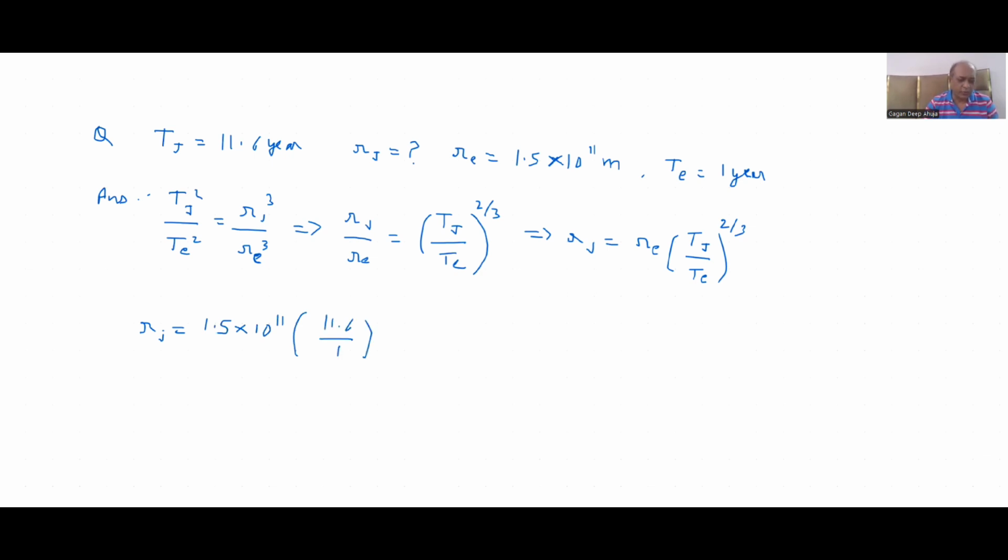When you calculate it, you get 7.68 into 10 raised to the power 11 meters. So this is the answer we are getting over here. So this is the question based on Kepler third law.